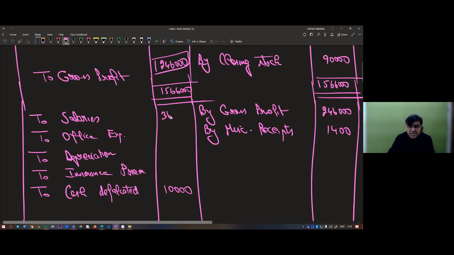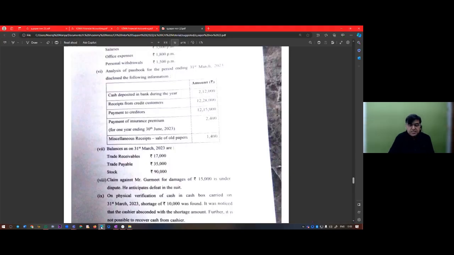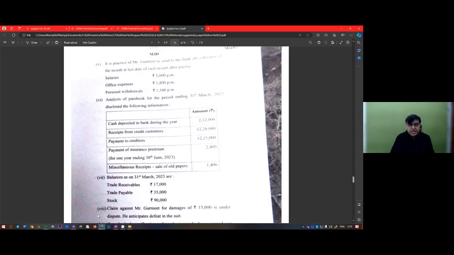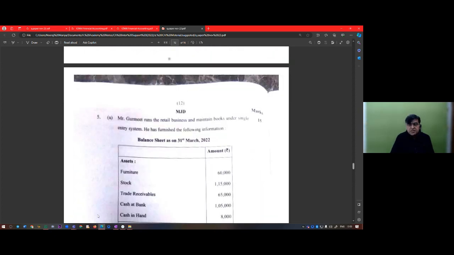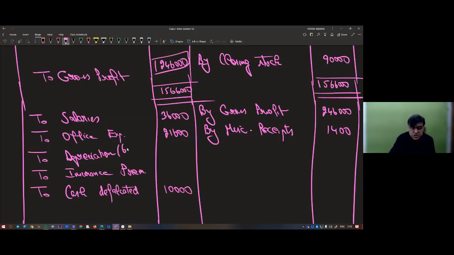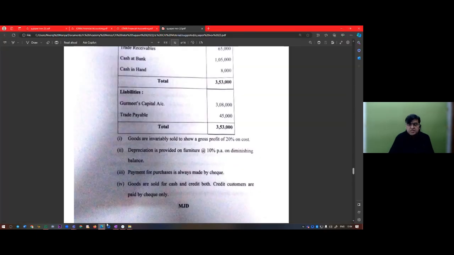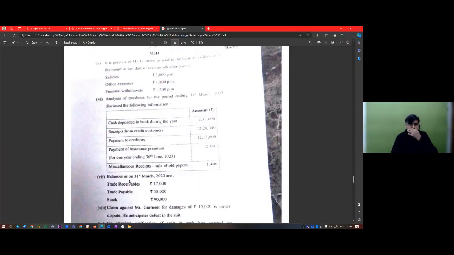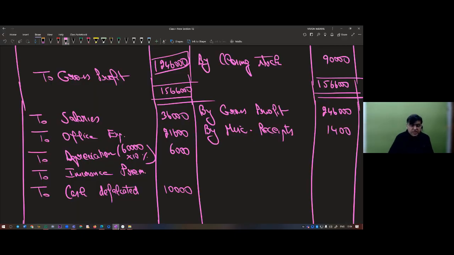Now salaries are 36,000. Office expenses are 21,600. The depreciation is 10% of 60,000, which is 6,000. Insurance premium is for 1 year ending June, 2400 multiplied by 9 by 12 expired.